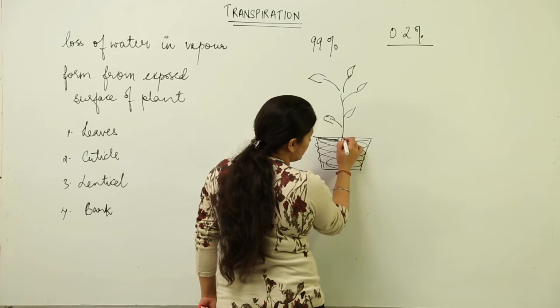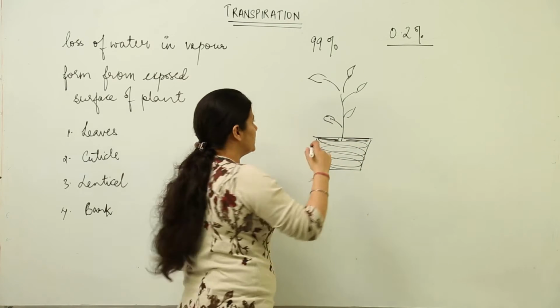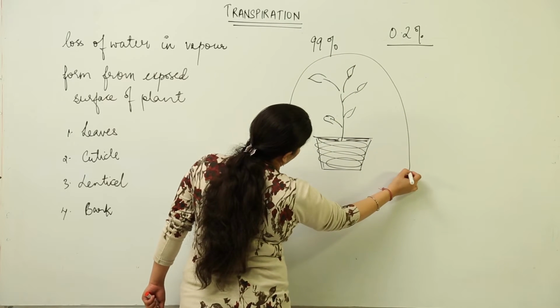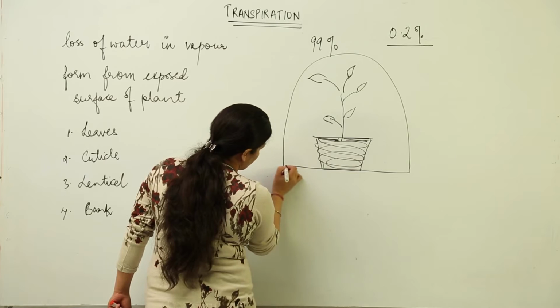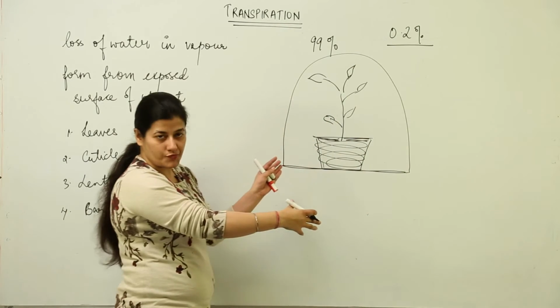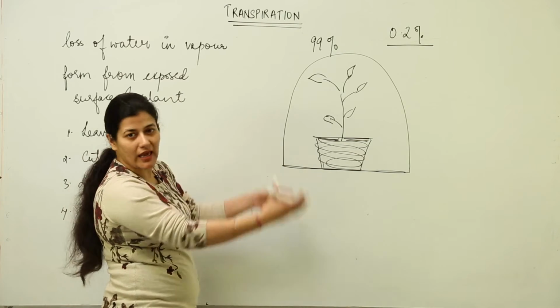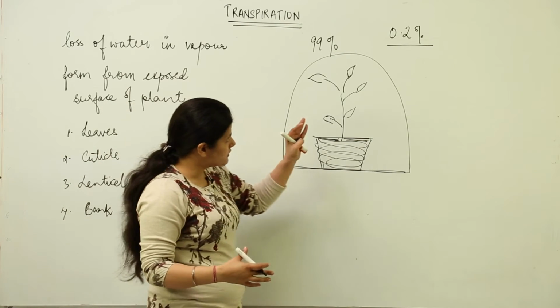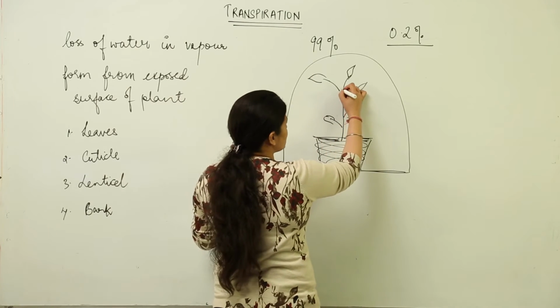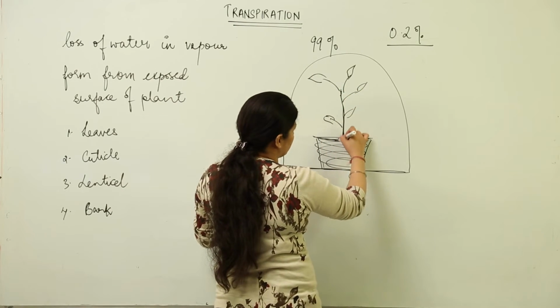This part is also to be covered by some polythene, and this is to be kept inside a glass bell jar, which is kept in such a way that the entire apparatus is totally airtight, okay, and except for the leaves and the parts of the plant, nothing else is exposed in this particular arrangement.